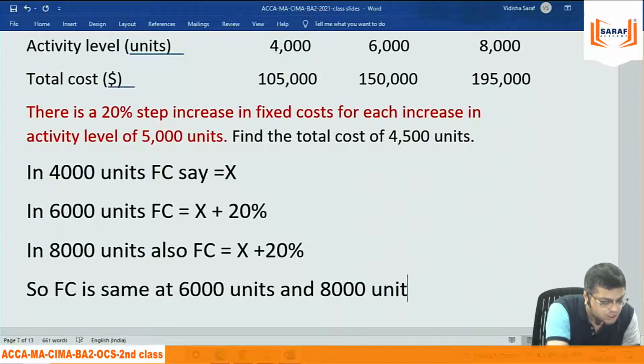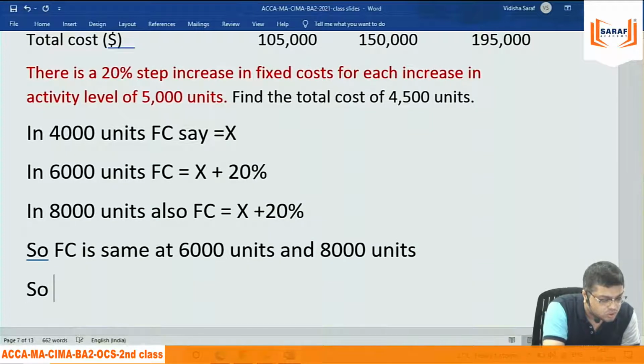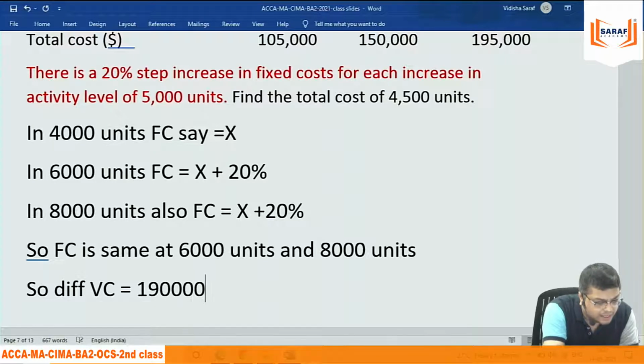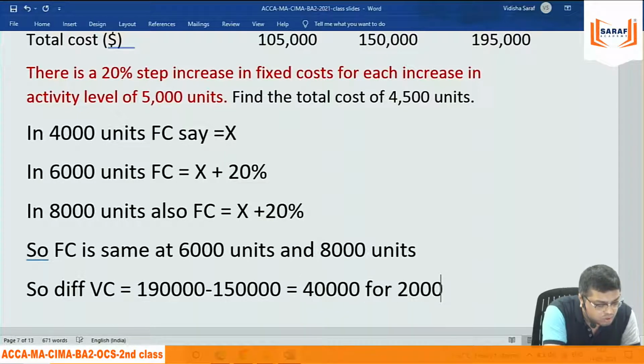So difference in variable cost equals 1,90,000 minus 1,50,000 equals 40,000 for 2,000 units.